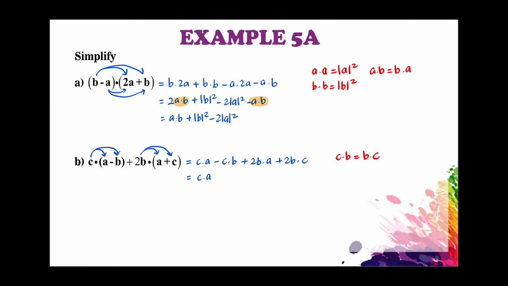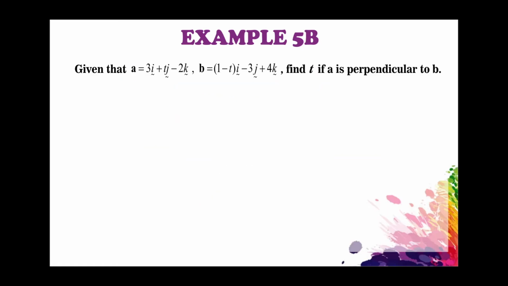So we can change it to be minus B dot C. Since we have the same item here and here, we can combine. So literally the final answer will be plus B dot C with the C dot A plus 2B dot A. Easy peasy, right? Okay, so now let's upgrade a little bit more for the next example.